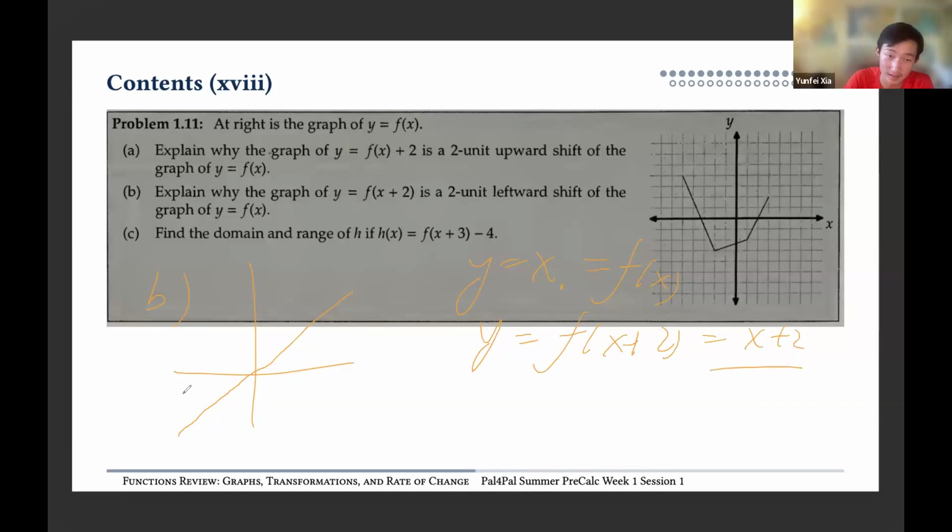If this is true, then you're shifting it up by 2. But up by 2 in this case is also left by 2. That's a concrete example for you to remember this fact by considering simple cases. Does it make more sense, or do you want me to? Okay, that's good.